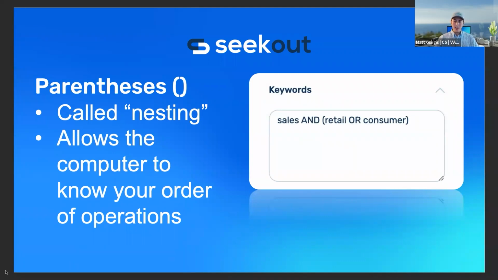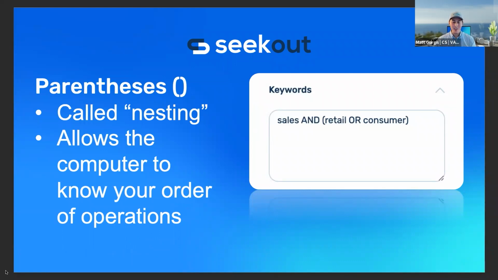What parentheses do is they allow the computer to know your order of operations. Similar to mathematical equations, right? The answer will depend on where you put the parentheses. So if you think back to high school math class, you learn about PEMDAS, right? It's okay. If it's too far back or you slept through it, you don't need to worry about it.